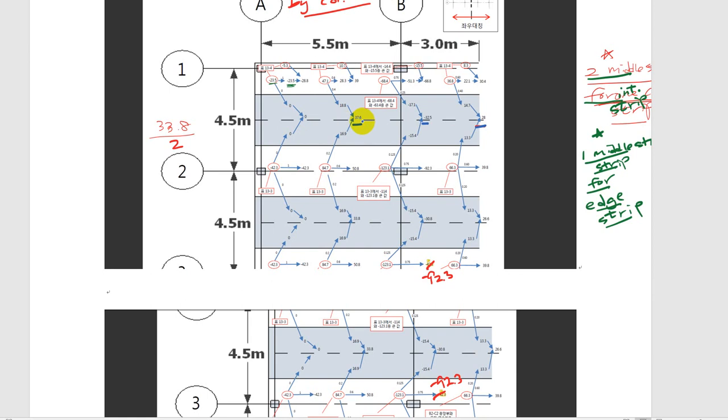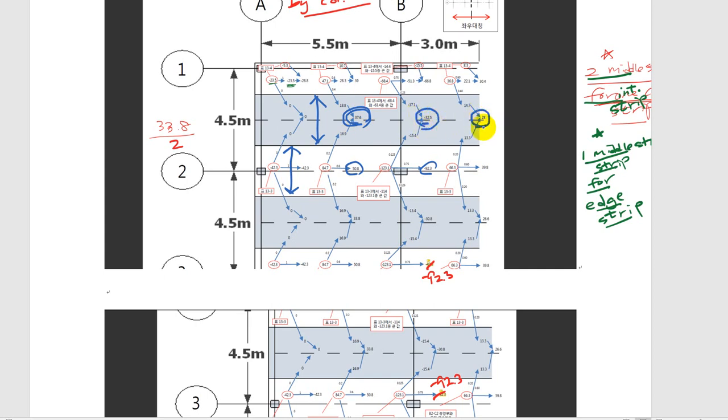So this moment is designed based on the width of this middle strip, and this moment and this moment, all these moments on the column strip, are based on the width of this column strip, right?